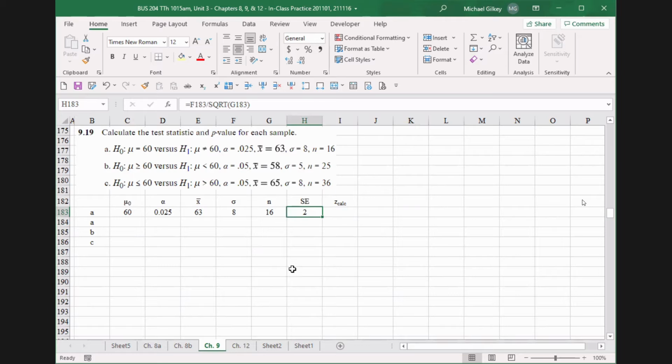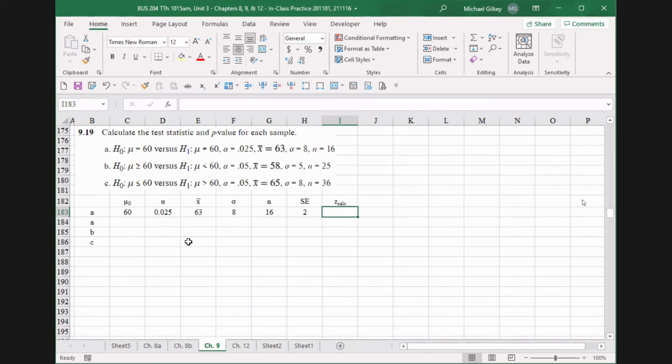Okay, so there's our standard error. Can anybody tell me what the z-calc is going to be before we calculate it? Nobody? Well, it's not going to be negative.